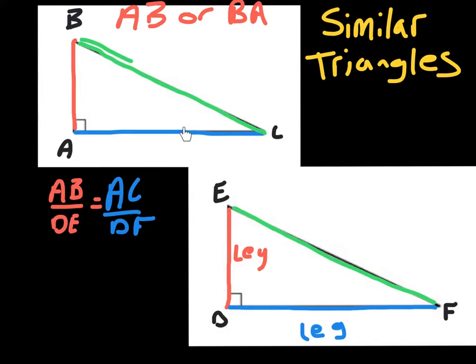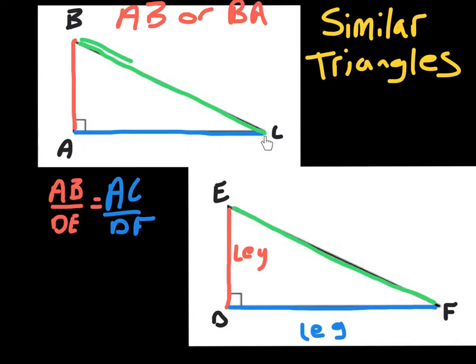That's how you're going to name a triangle. The corresponding side is simply the same side that's in the same location on a separate triangle. So AB has a corresponding side in a second triangle. That corresponding side is DE. We have side AC in our first triangle.